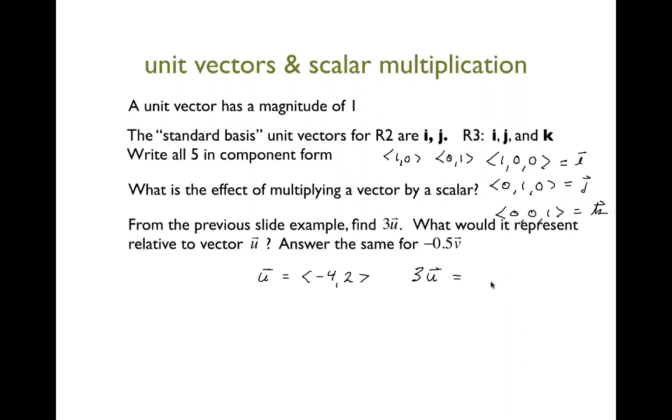It just becomes 3 times as big. Exactly. It's going to maintain the direction. Direction stays the same, but it's going to scale it. That's why we call it a scalar, right? It's going to scale it or magnify it by 3. So (-12, 6). Each component gets scaled by 3. So the whole vector is 3 times as long in the same direction as the original vector.